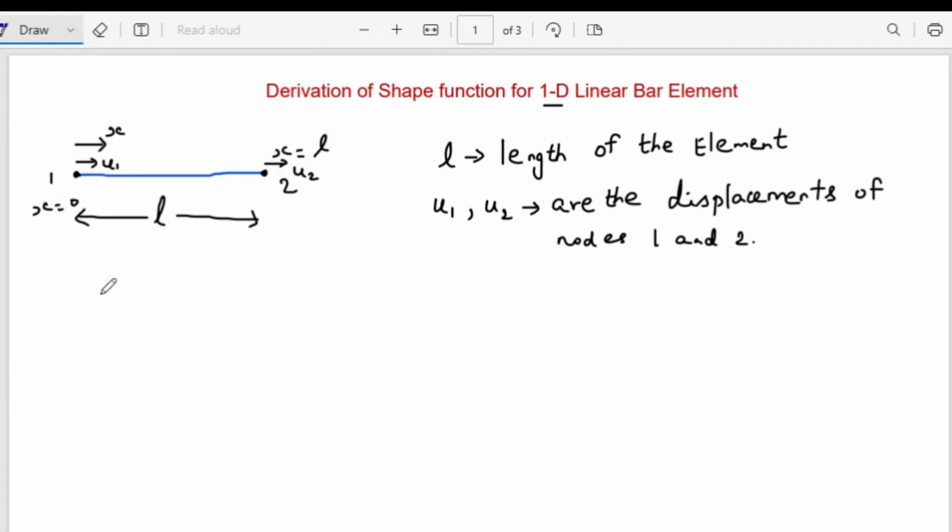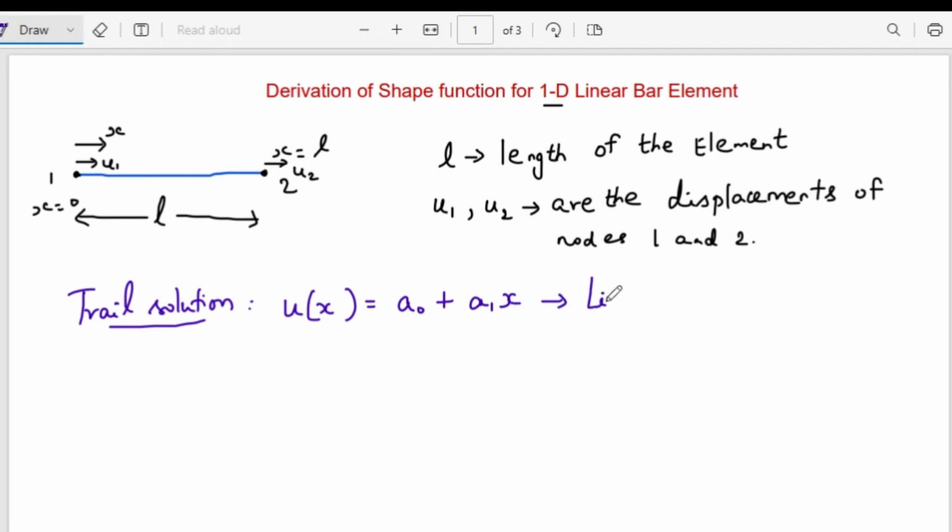As the first step, we will assume a trial solution. The trial solution which we are going to assume is u of x is equal to a naught plus a1 x. This is a linear trial solution.